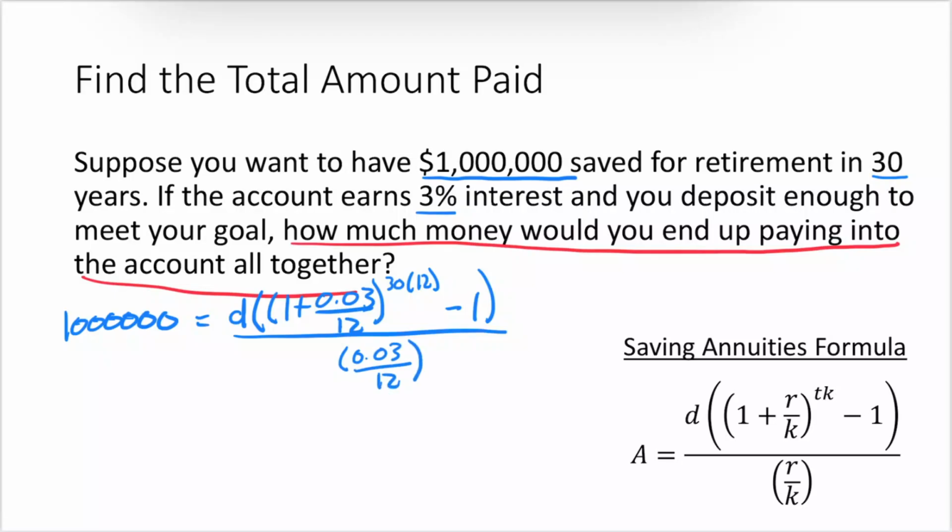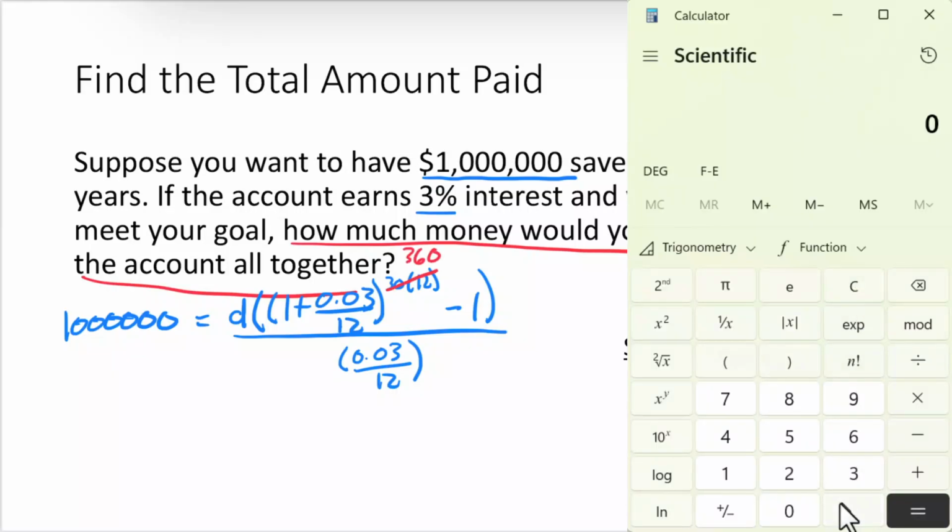So to calculate this out, I'm going to simplify the right-hand side of the equation first. So I know that 30 times 12 is 360, and when I do 0.03 divided by 12, that gives me 0.0025. So those are kind of my mini pre-calculations. And now I'll go into doing order of operations.